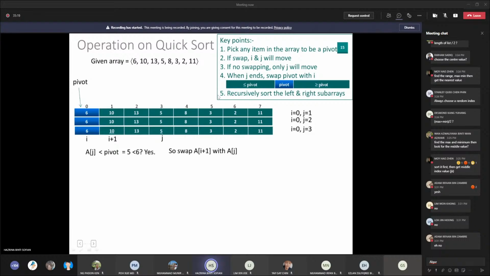According to quicksort, we need to swap the aj with i plus 1. So this 5 will be swapped with 10. Become like this. Then we move the i and j.